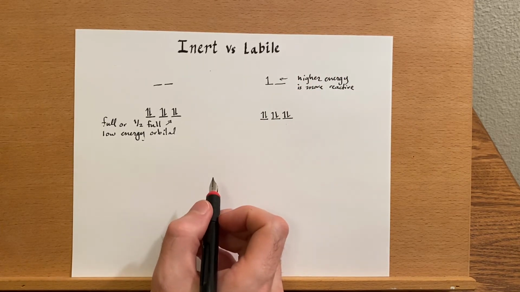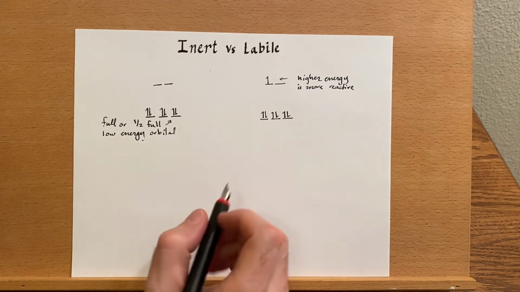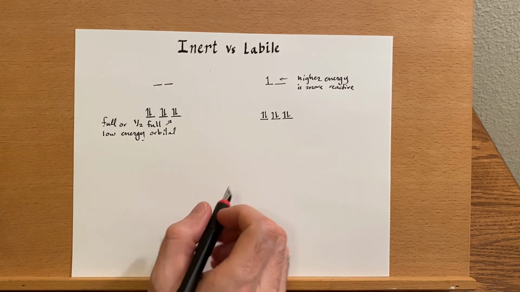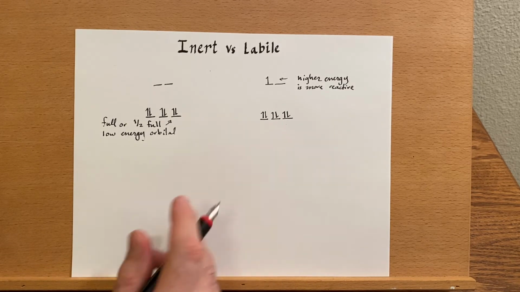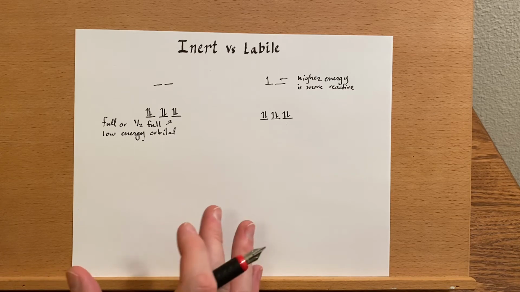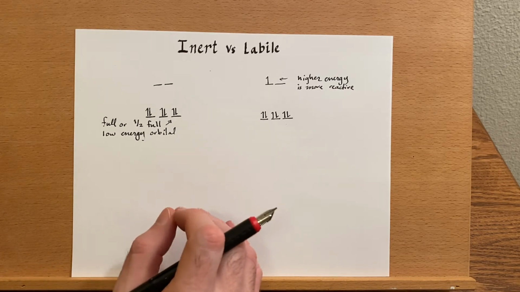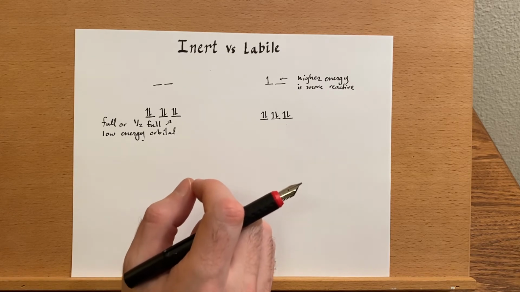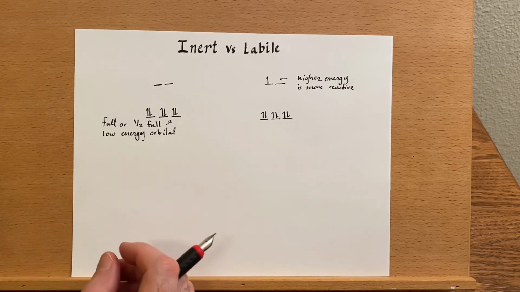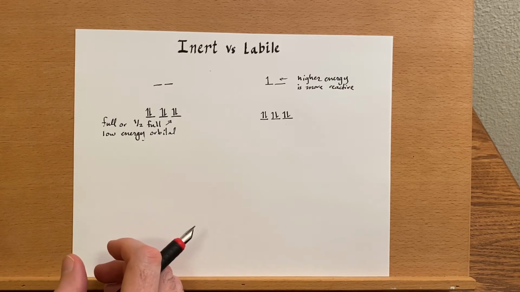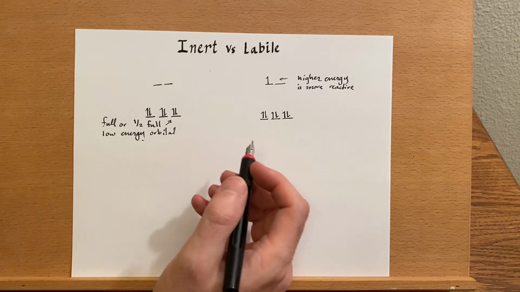Now, there's something interesting that happens in this case right here, especially in this case. Now, orbitals do not like to be degenerate and unequally filled. Now, what does degenerate mean? Well, degenerate means that these orbitals would be the same energy.